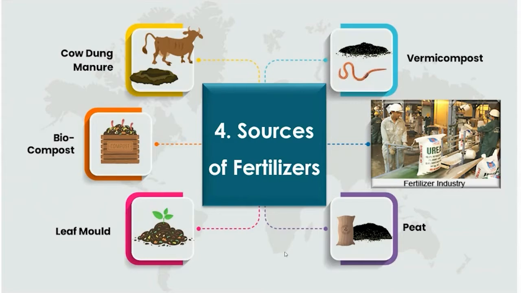As you can see in the picture, it is a kind of fertilizer, a source that you can get it from. And we have vermicompost and fertilizer industry. It is another source that we can get fertilizer from.